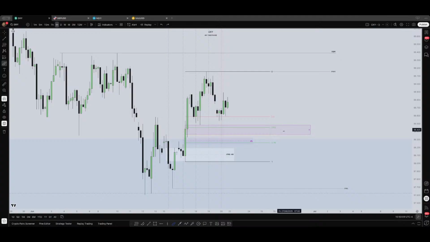So I think these two imbalances will have an important role next week. Of course, maybe it's also an option that price takes this high Monday, Tuesday, you know, so it can happen also.